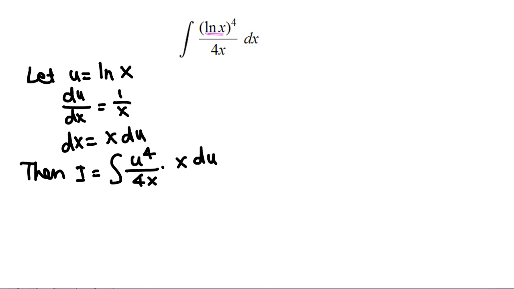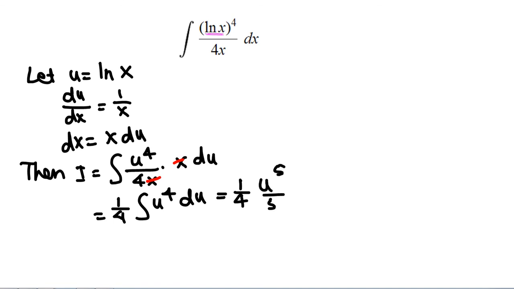Now we want to simplify this. If you look at it closely, the x on the top and the x on the bottom cancel. Then we have u to the 4th du, and we can pull the 4 outside, so that's 1/4 times the integral of u to the 4th du. Now the antiderivative of u to the 4th, by the power rule, is u to the 5th over 5 plus c.